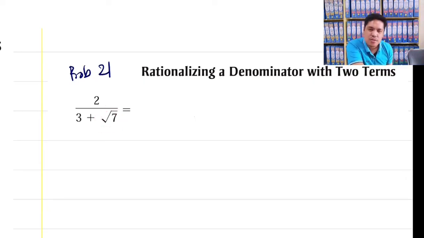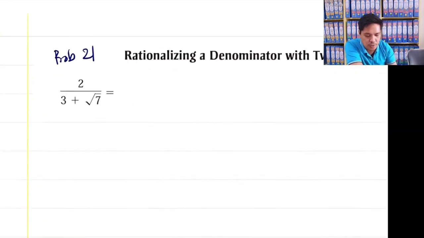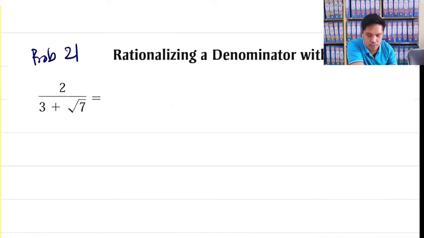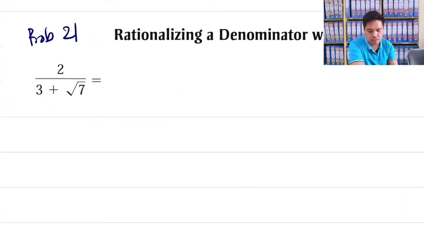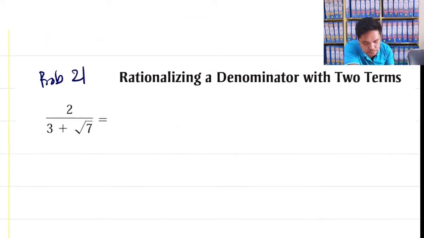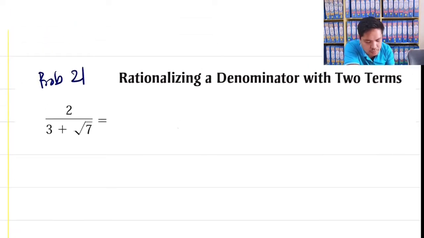By the way, this will all make sense if we have already discussed operations on polynomial functions or special products. But we're not there yet. That's lesson number 4. But for now, I'll just show you the procedure. To evaluate this, the denominator has two terms.